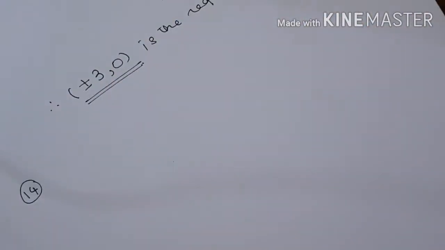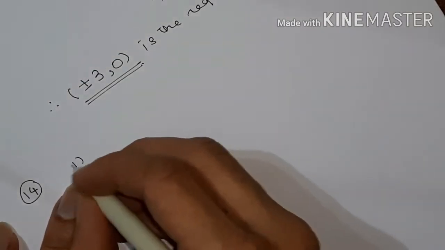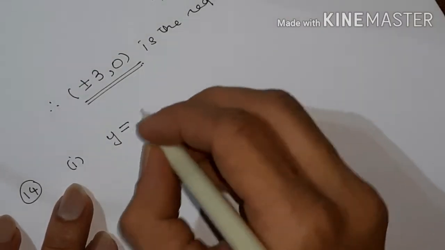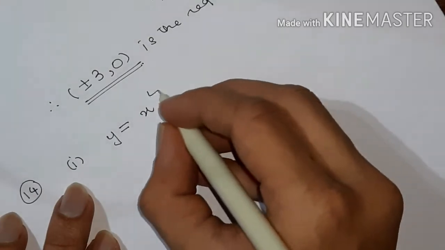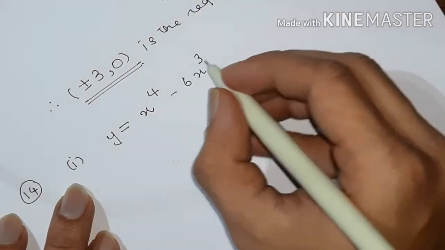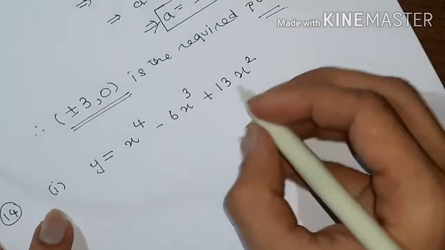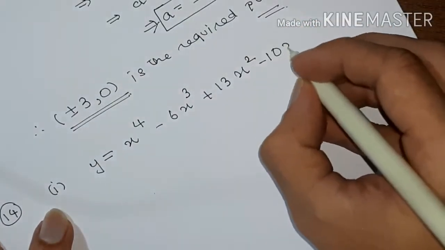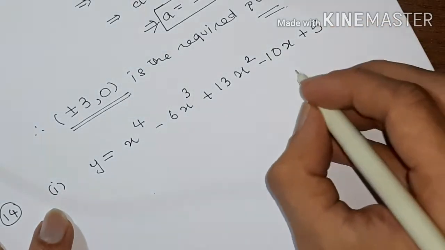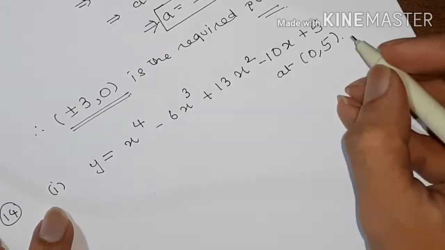Okay, so let us see how to solve. The first curve is given as y equal to x raised to 4 minus 6x cube plus 13x square minus 10x plus 5 at the point 0 comma 5.